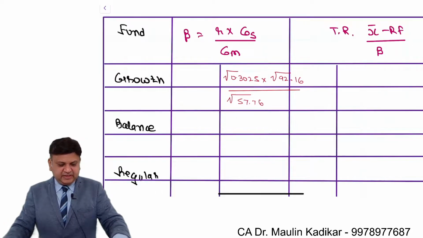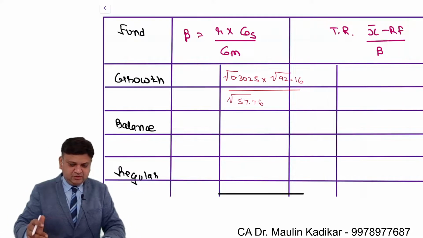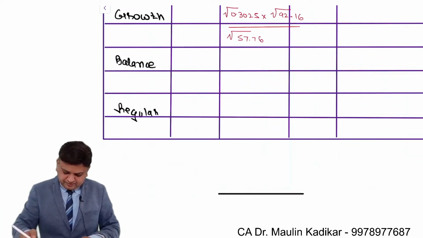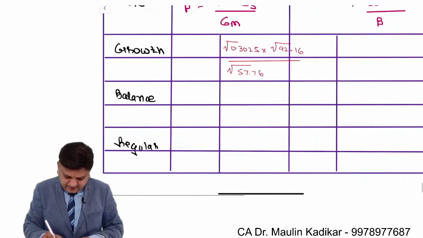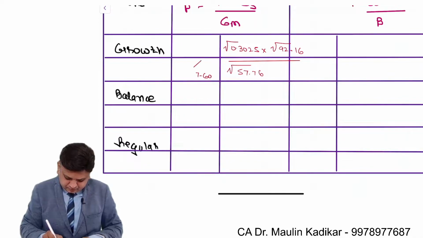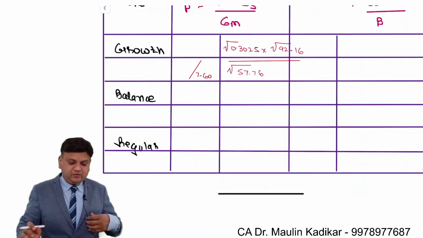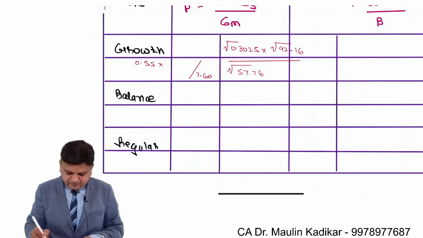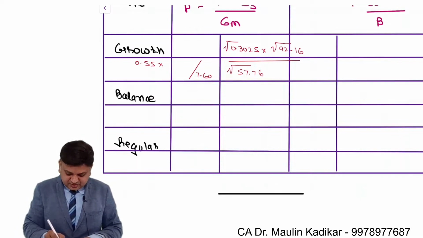So let us see how to make the calculation. Square root of 57.76 comes to 7.6 percentage. As far as the numerator is concerned, root of 0.3025 is 0.55, into root of 92.16, that is 9.6 percentage.